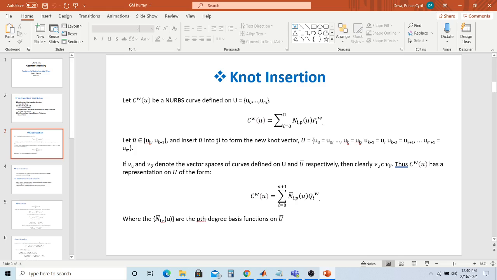Now if we insert u bar into U, we get a new knot vector U', which is also a non-decreasing sequence of real numbers.